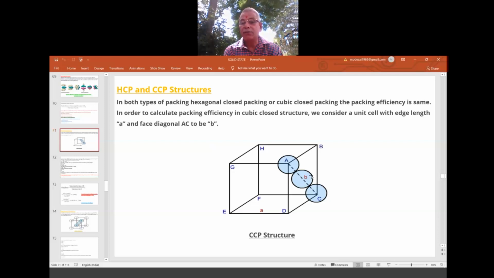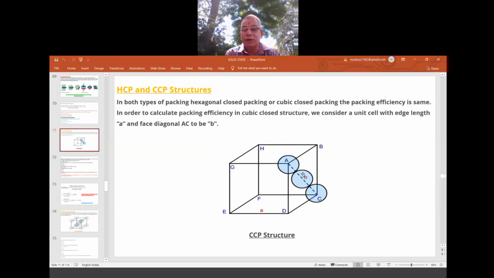A is on the corner, one of the 8 corners, and C is one more particle, one of the 8 corners. So two corners out of 8 are shown, and one full particle at the center, on the face ABCD. That is what we understand as the CCP or FCC structure.